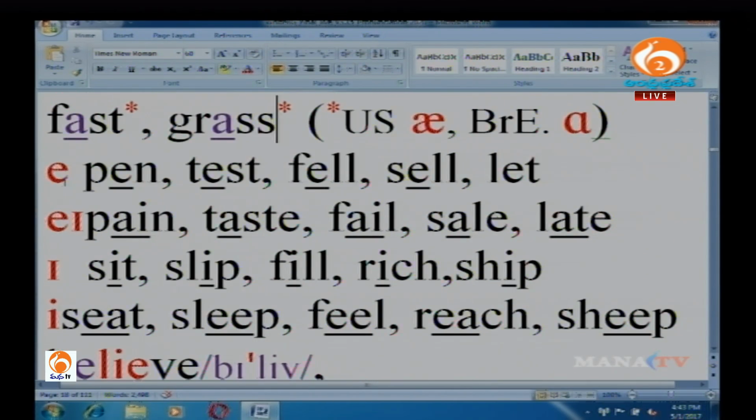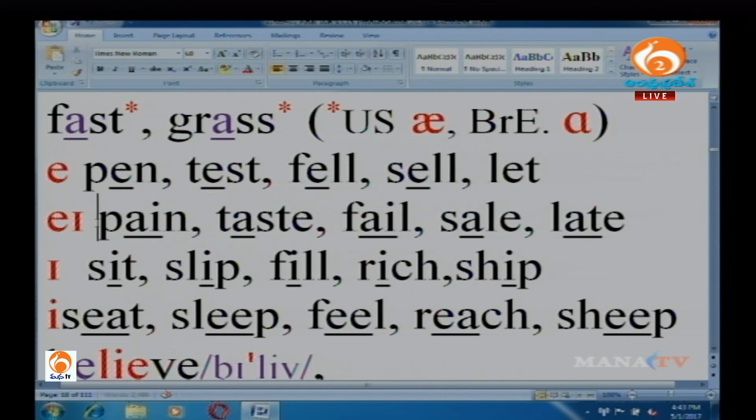Okay, short e sound. Pen, test, fell, sell, let, repeat. This one is the long a sound. Pain, taste, fail, sail, late. But do not say fail or chair. No, chair. Okay, how about this one?